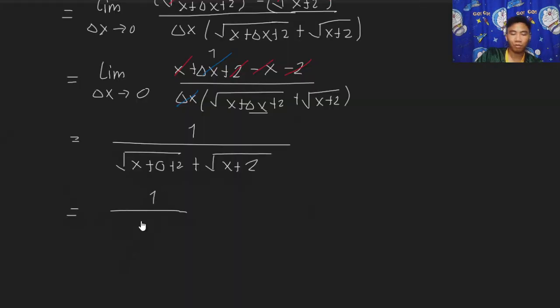So, we will now have 2 square root of x plus 2. If you have one square root of x plus 2, and then you add another one, we will have 2 square root of x plus 2. So, what is the shortcut method for that?